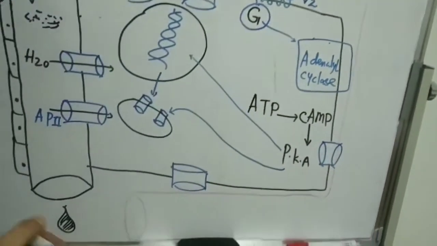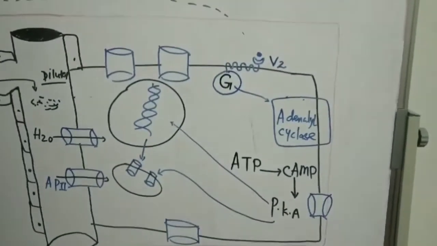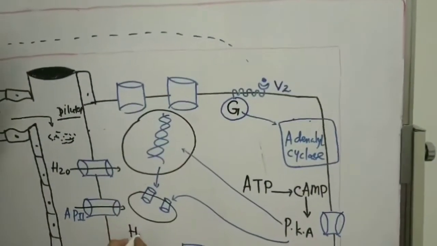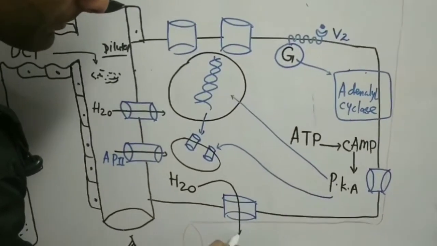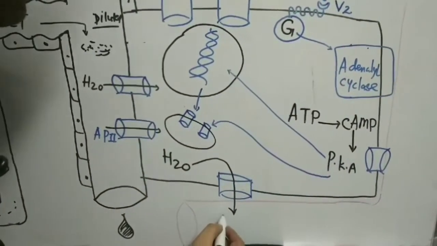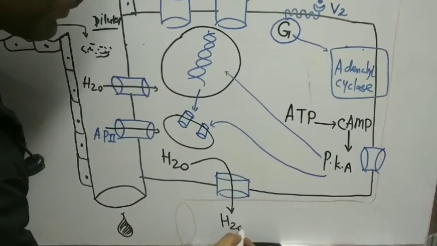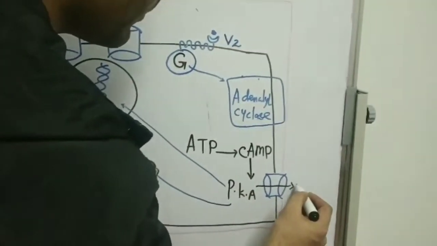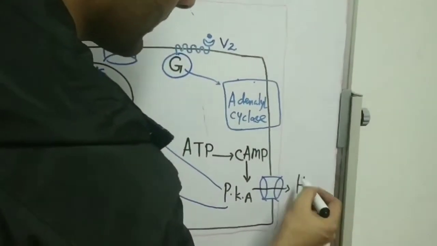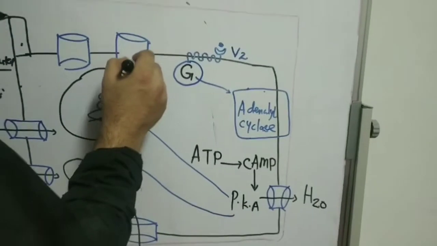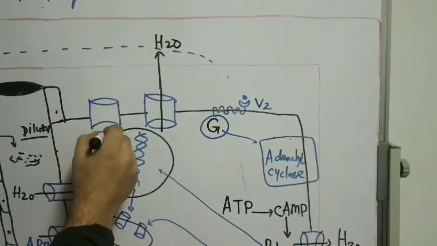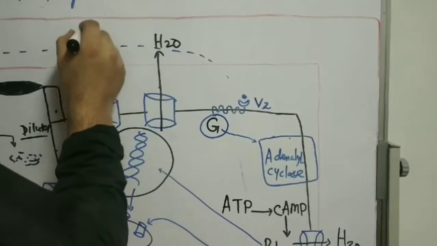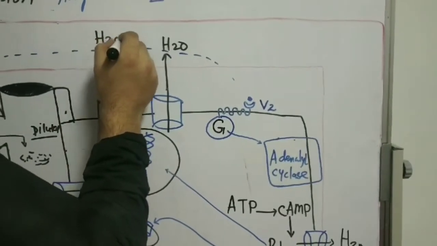Now the water will enter here. Eventually the water will be secreted into the bloodstream. Here again, water will come out. Here also, the water will come out into the blood.